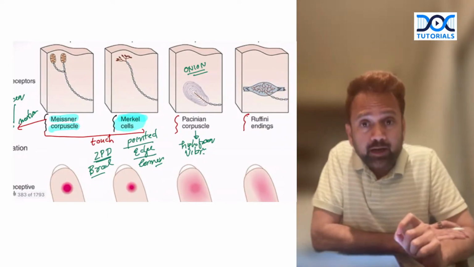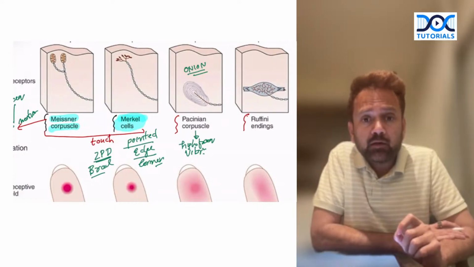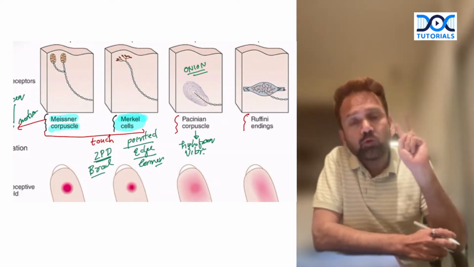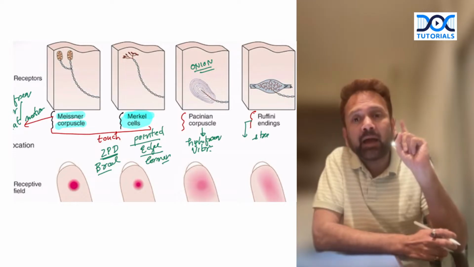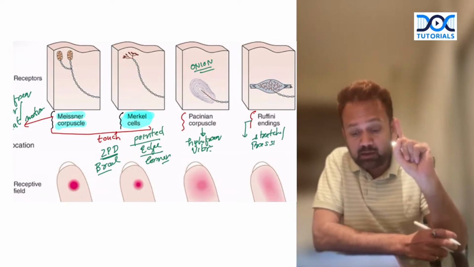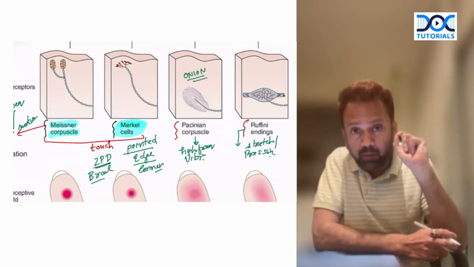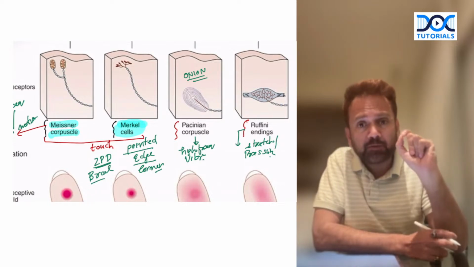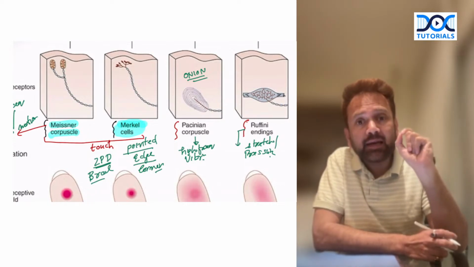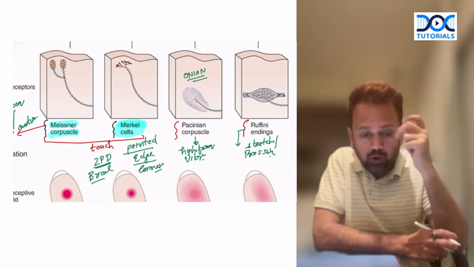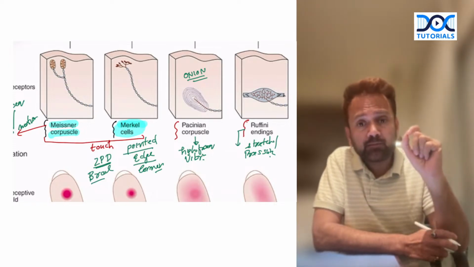You should not forget these four receptors on your skin. Two in the epidermis, two in the dermis. In the epidermis, Merkel and Meissner's are both for touch, but Meissner's corpuscles are for lateral motion and slow frequency vibration.